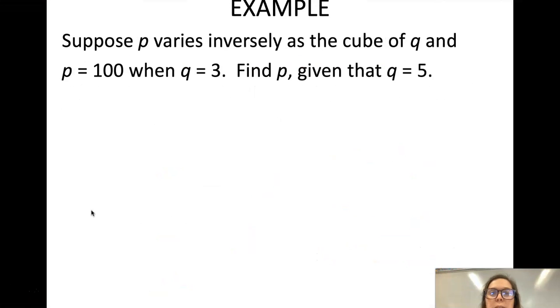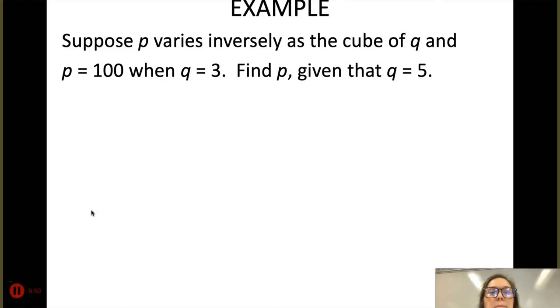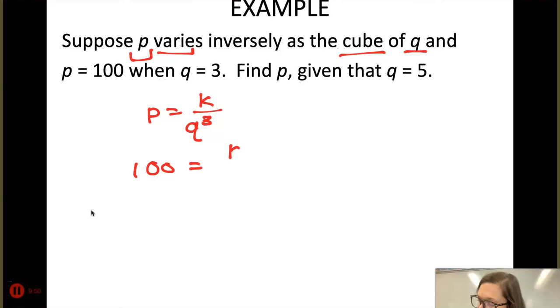All right, here's another example. Suppose P varies inversely as the cube of Q. P is 100 when Q is 3. So 100 times 3 to the third, which is 27.